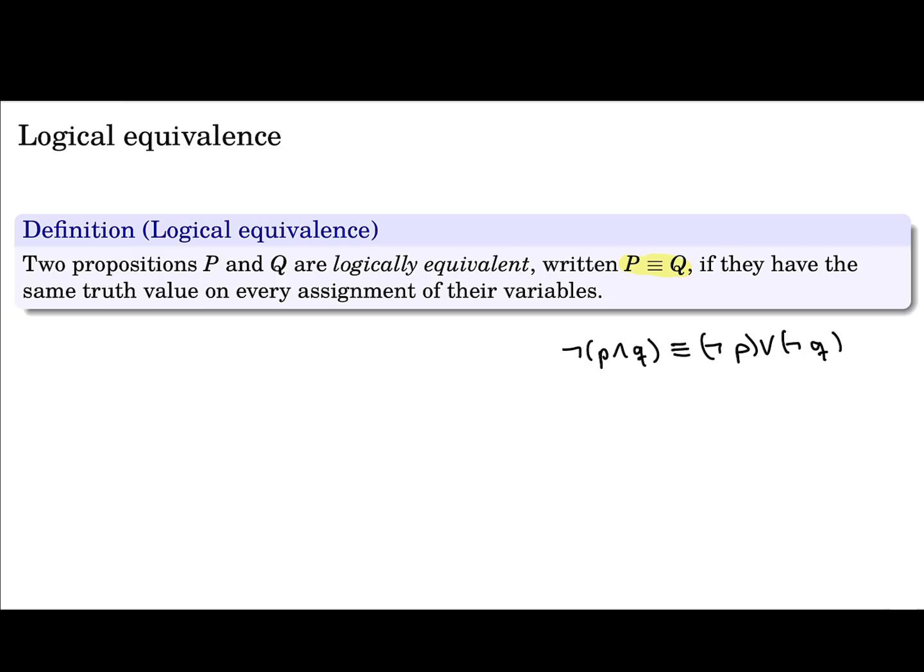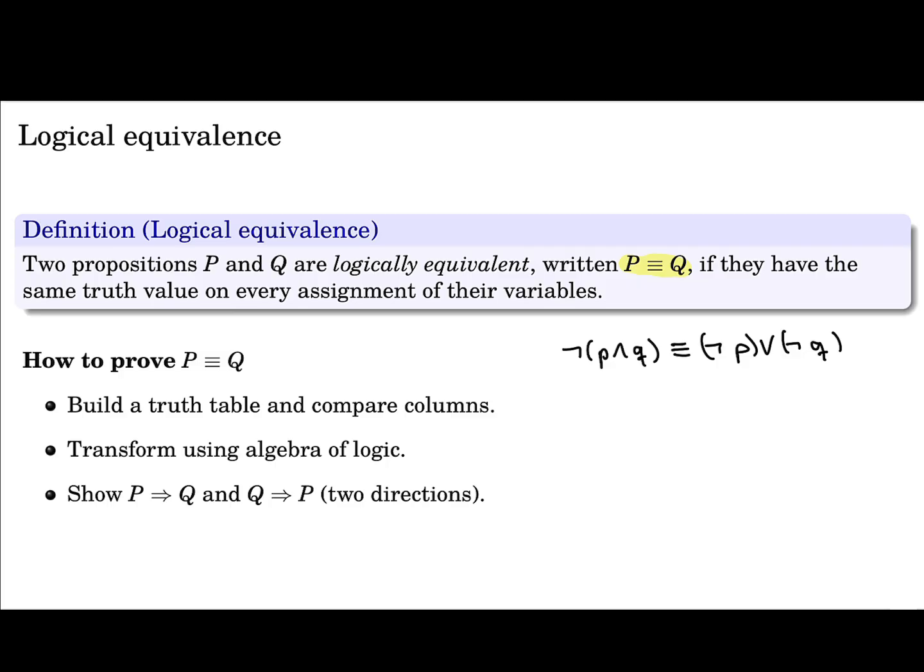There are many ways of proving that two things are logically equivalent. One of them is to just build a truth table and compare the columns. You build the truth table for P, for Q, then compute the column for not (P and Q), and the column for not P or not Q, and assign all the possibilities: true true, true false, false true, false false.